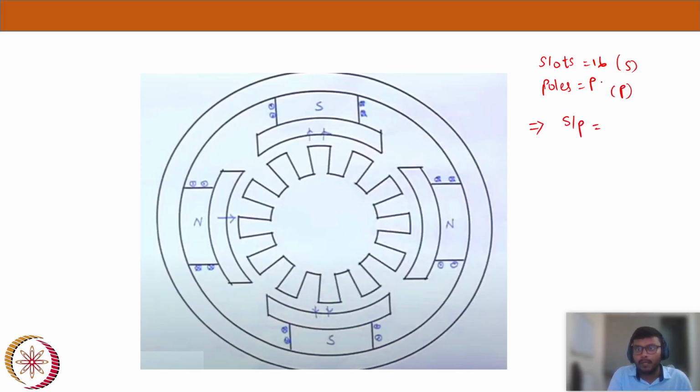Slots per pole will be 16 by 4, equal to 4. Sorry, this is not 16 slots, it's 12 slots. I'm sorry, that's the mistake.